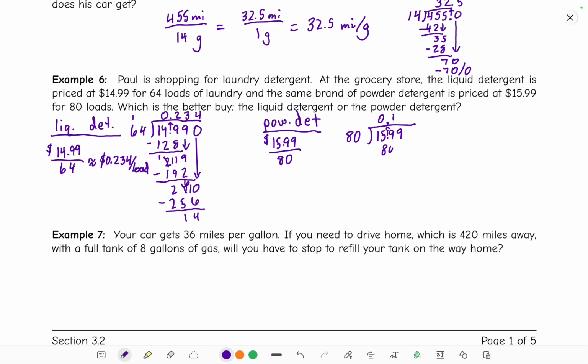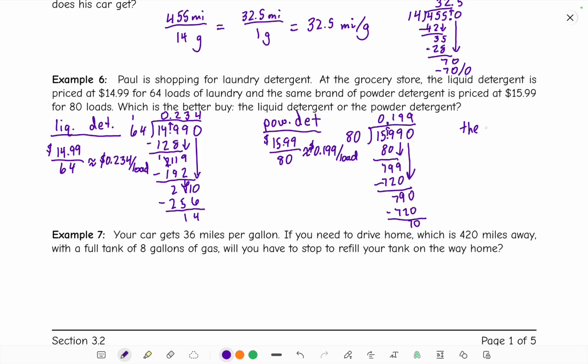So it only goes in once. Subtract to get 79, drop down the 9. Then it goes in 9 times. So we get 720. Add a 0. Goes in 9 times again. And that's where we're going to stop. This is approximately $0.199 per load.